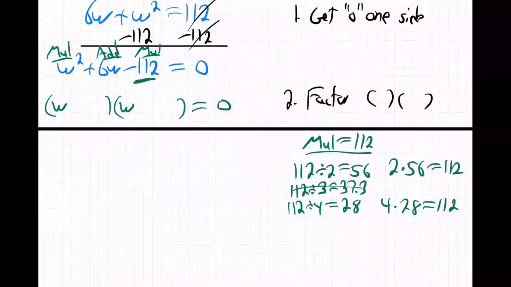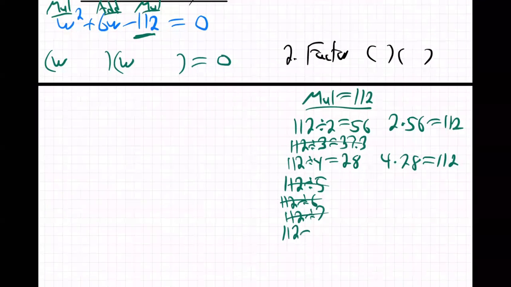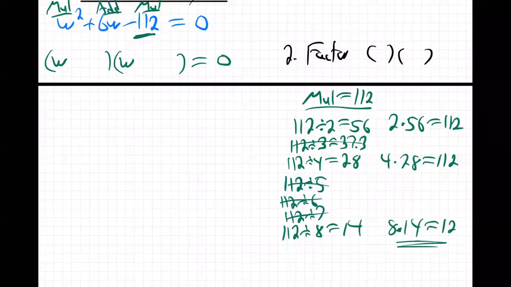I don't think that's it either. How about 5? Not going to work. 6 doesn't work. 7 doesn't work. They're all just decimals. 8, it'd be 14. That's looking better. 8 times 14 is 112. That's probably it right there.